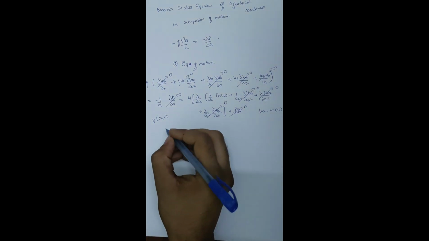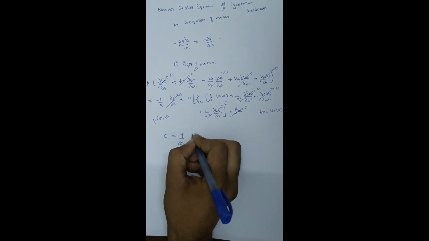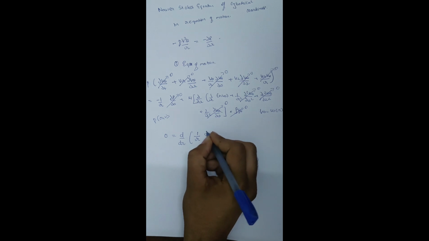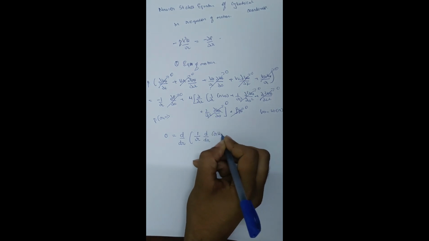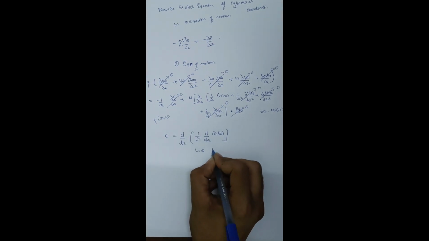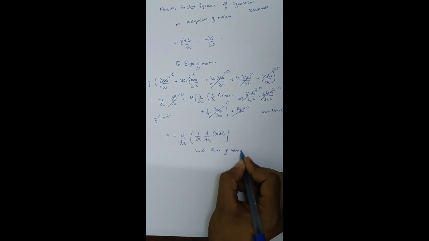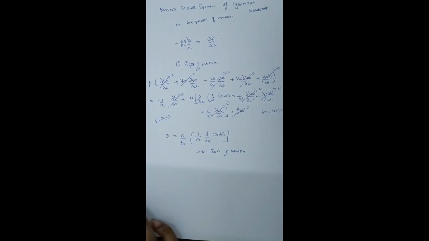So the final equation comes out to be 0 = d/dr((1/r) d(r vθ)/dr). So this is our θ equation of motion of the Navier-Stokes equation in cylindrical coordinates.